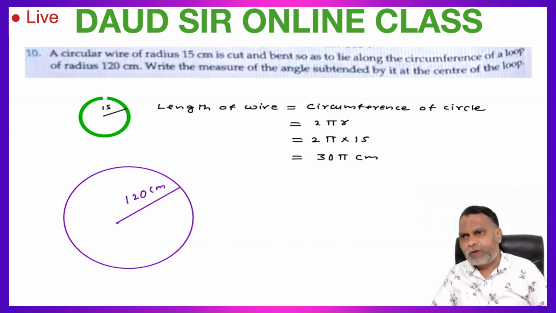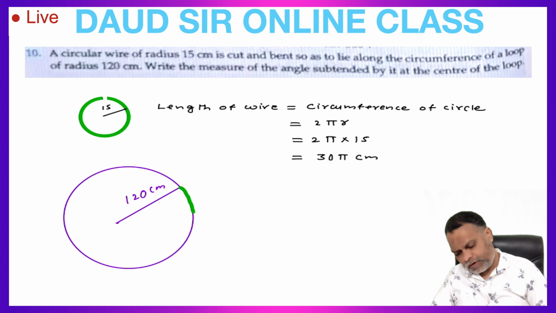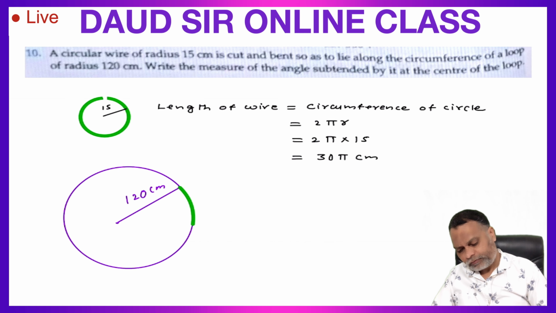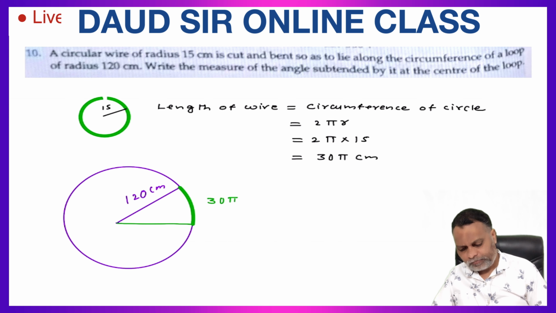On this loop, this wire is bent. Suppose this is the length of this wire, 30 pi. So this length of wire will make an angle at the center, this angle. So this angle we have to calculate.